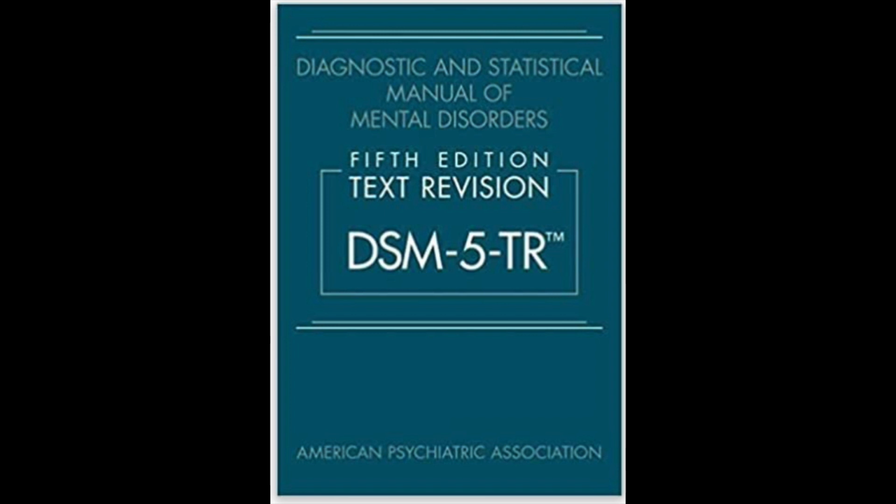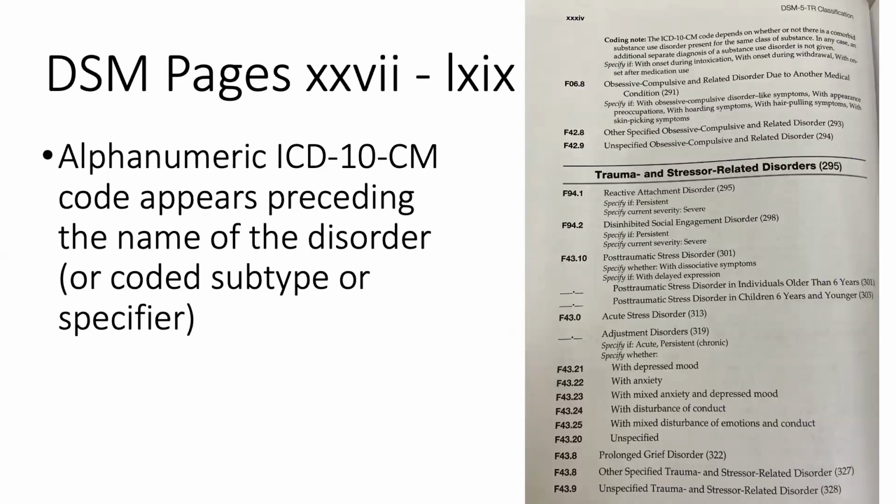If you open your DSM and flip to the Roman numerals, you'll find the DSM-5-TR classification system. Most disorders in DSM-5-TR have an alphanumeric ICD-10-CM code that appears directly next to the disorder. You'll see this code next to subtypes and specifiers. If you look at this picture here of the DSM, you'll see that there's a page number in parentheses.